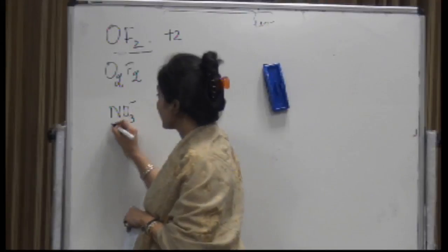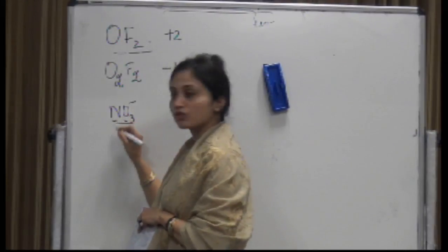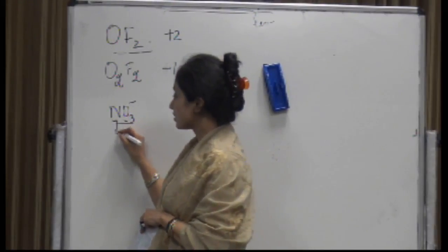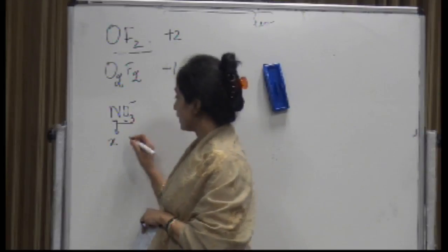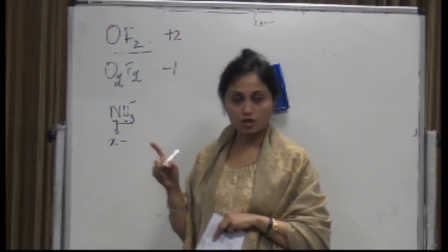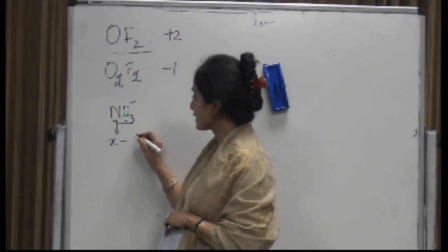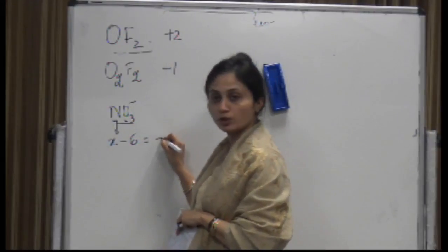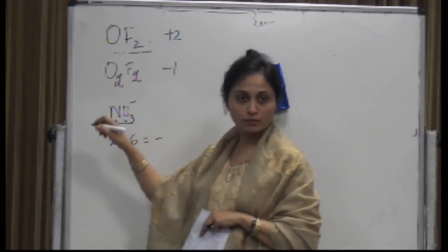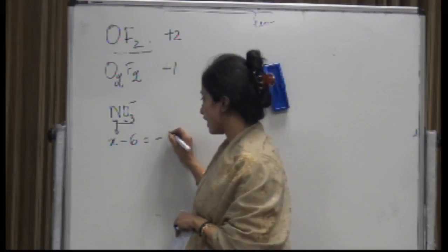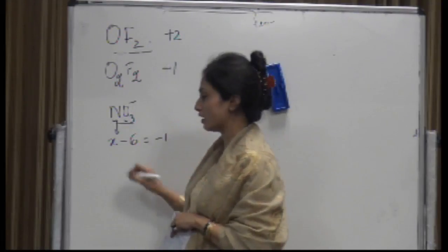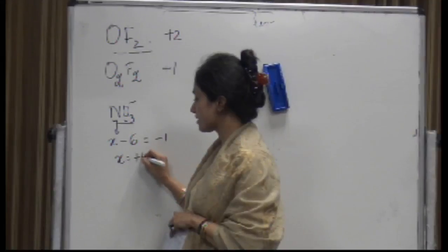So if we have to find nitrogen in this case, consider nitrogen to be x, oxygen is -2, so -2 into 3 is -6, that will be equal to the charge on the polyatomic ion, which is -1, so x will be equal to +5.